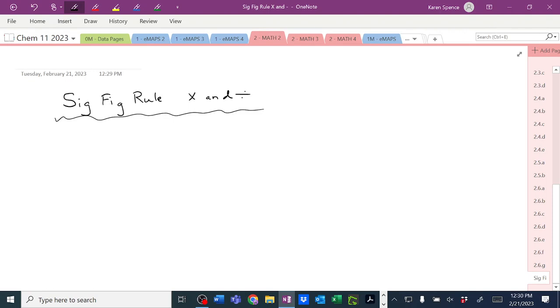If you have taken physics, you will already know this rule. So what I'd like you to do is take a minute, chat with your partner, see if you can remember what the rule is if you are multiplying or dividing with sig figs.